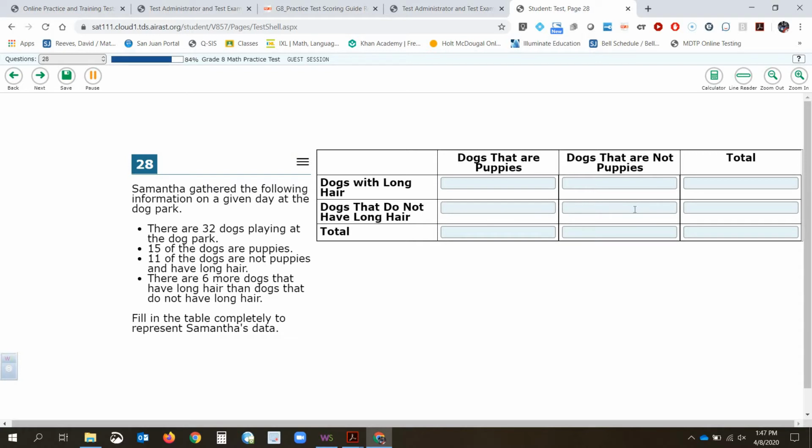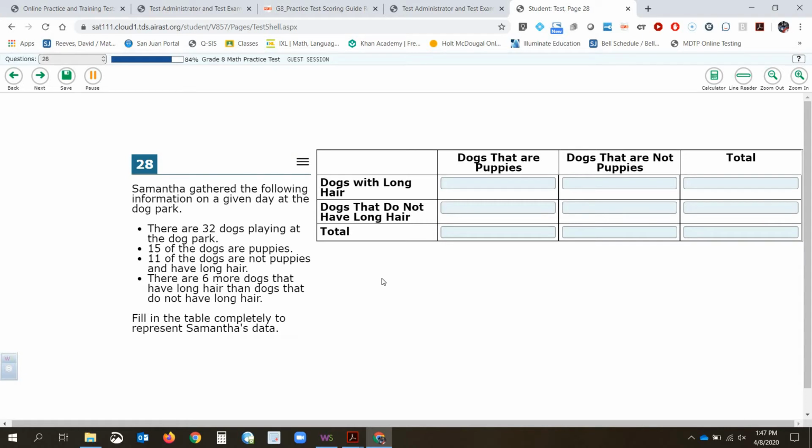And this one right here, these dogs are not puppies and they don't have long hair. So hopefully that table makes sense to you. If you've ever played the game Battleship where you have like G7 or H4, then it's kind of that same idea, right? You're looking for the combination of the row and the column.